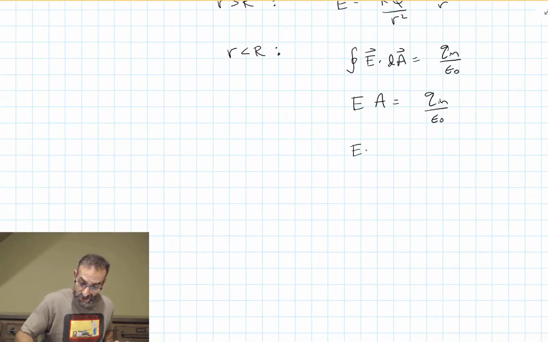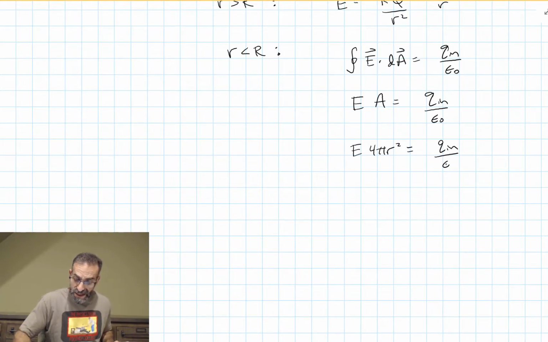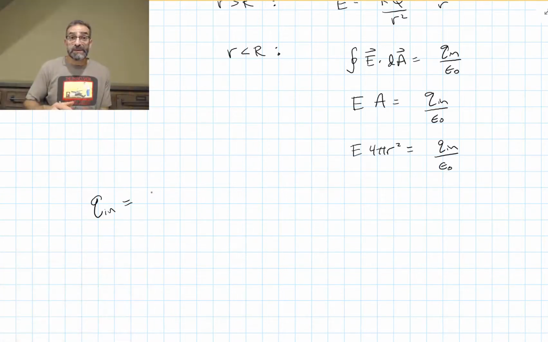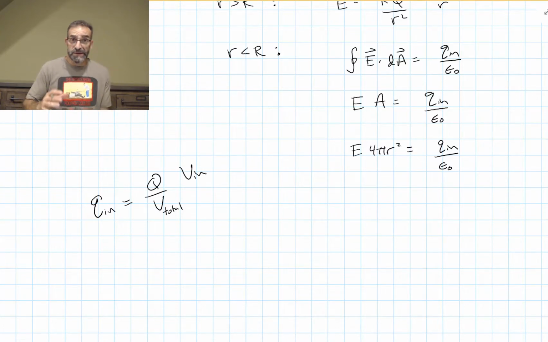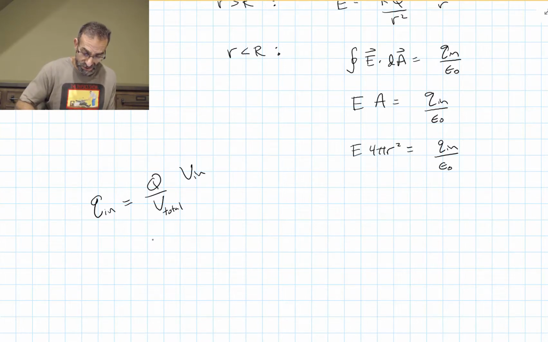The area of a sphere is 4 pi r squared, and we just have to figure out what q is inside of our Gaussian surface. We can use the charge density, the total charge over the total volume, multiplied by the volume inside of our Gaussian sphere to get the charge inside of our Gaussian sphere.